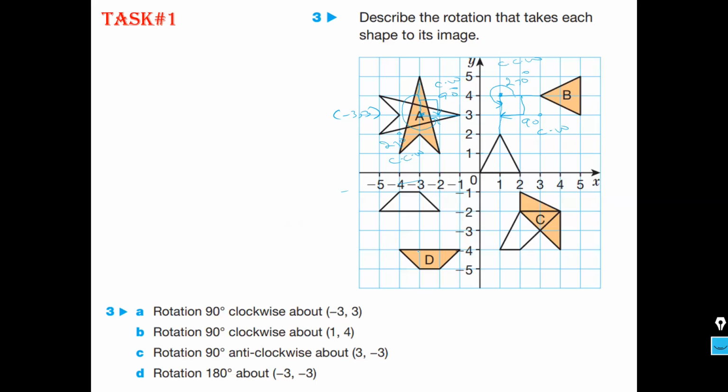So 90-degree, this one, 3 and -3. Now C is here. C is here, we know 90-degree, 3 and -3. This is the point. This point is 3 and -3. From here you can see this is the rotation of one point to the other.